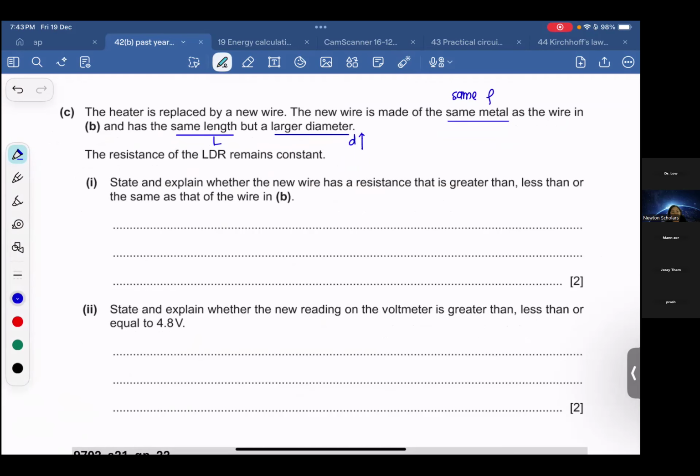What do you think? Does the new wire have a resistance greater, less, or actually unchanged, same as B? Is it the same metal, same resistivity, so it will have the same resistance? Is it? Or how? Wesley, yes, 2 marks.